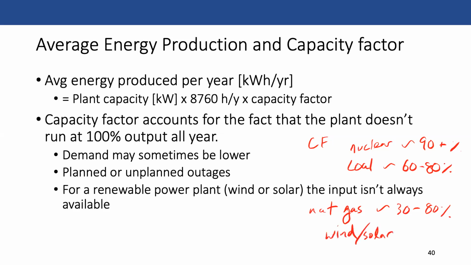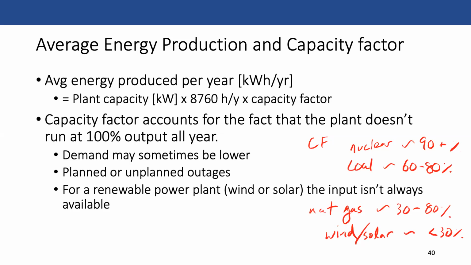And then wind and solar are going to be capacity factors of less than 30%. 35% for wind is probably the highest. Maybe you might see some examples of 40%, but that would be fairly unusual.